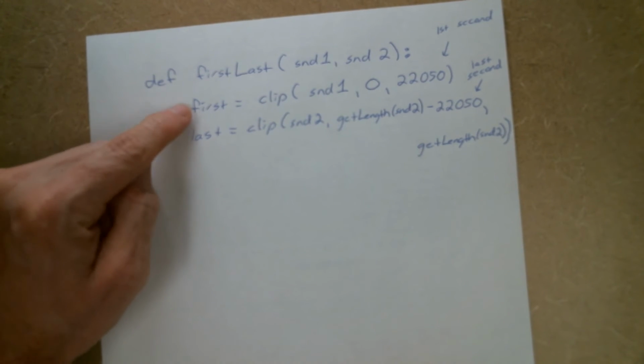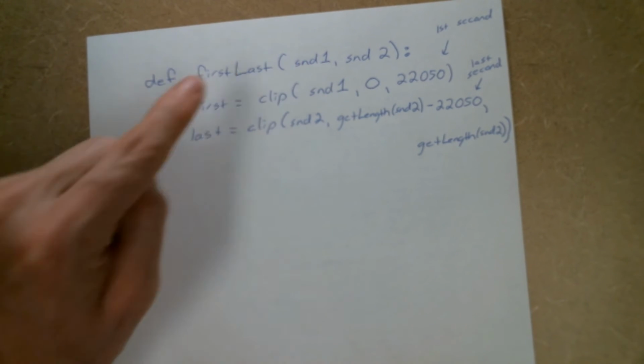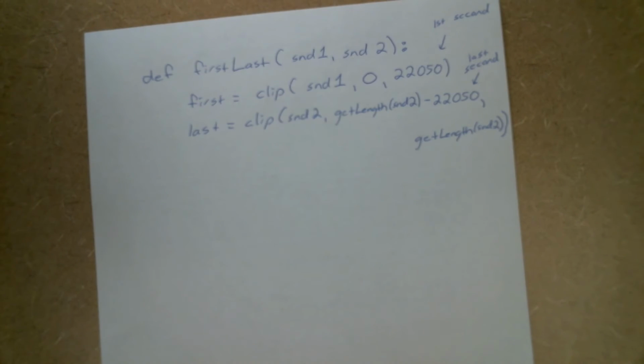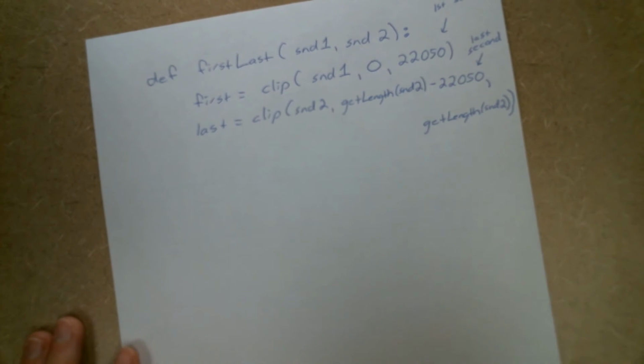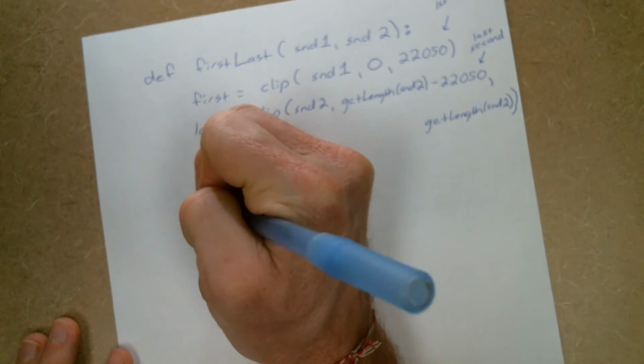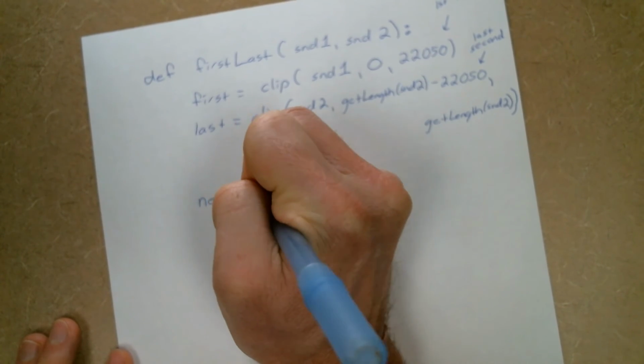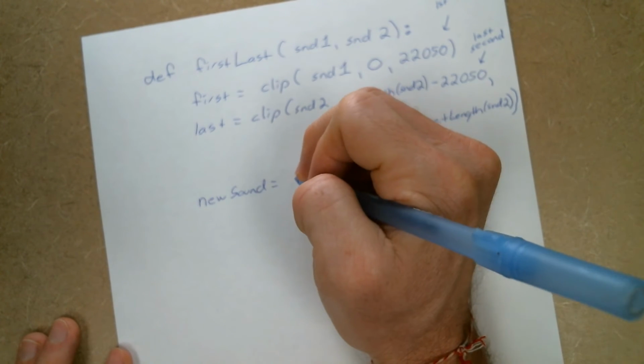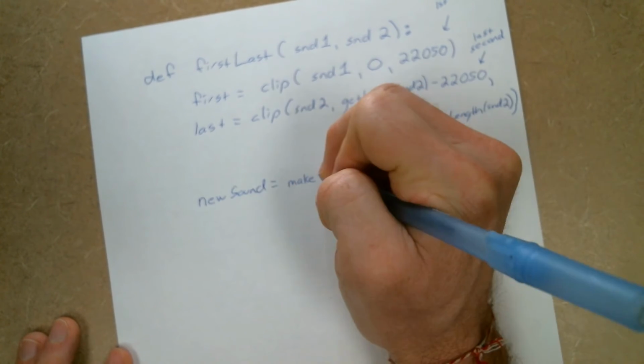Now I have a sound object with the first second from sound 1, and a sound object with the last second from sound 2. I want to put those together into a single file, which is what you've done in your sound collage. Let me start with new sound equals make empty sound.